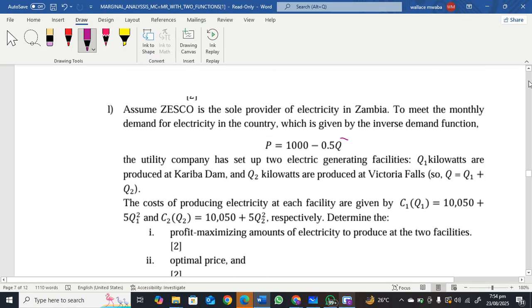Then your cost functions, this 10,050 plus 5Q1 squared, Q1 is 83.3, so you square it and you add. Even here, 10,050 plus 5Q2 squared, substitute 83.3 for Q2, you add. Once you get your total cost for C1 and C2, combine them together and subtract from your revenue.